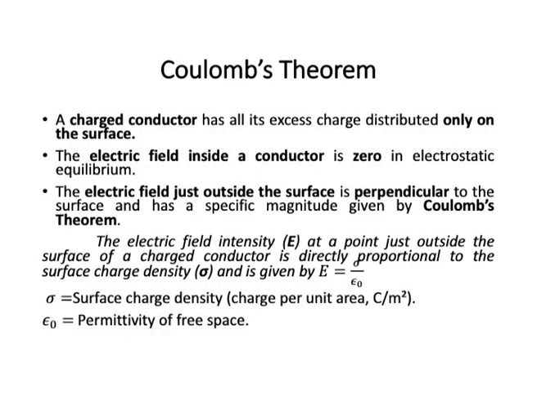If you take a charged conductor, all its excess charge is distributed only on the surface. In a charged conductor, all the excess charge is present only on the surface of the conductor.